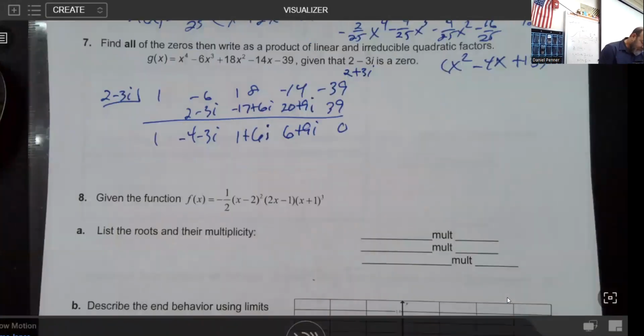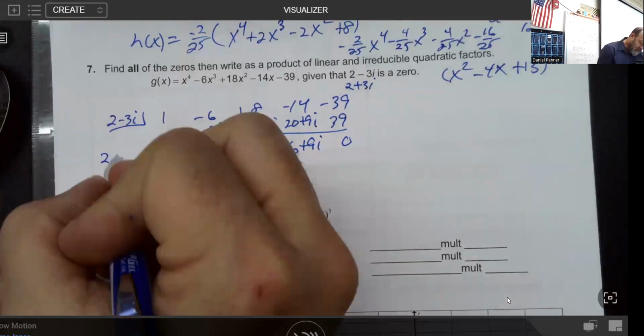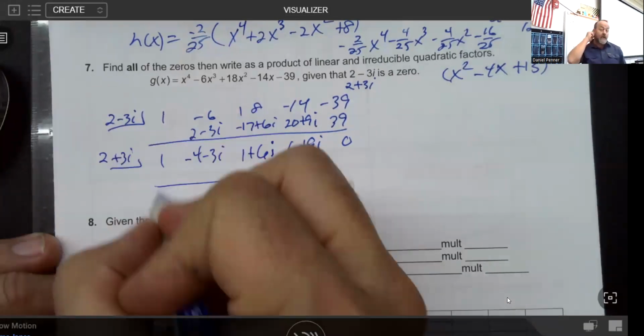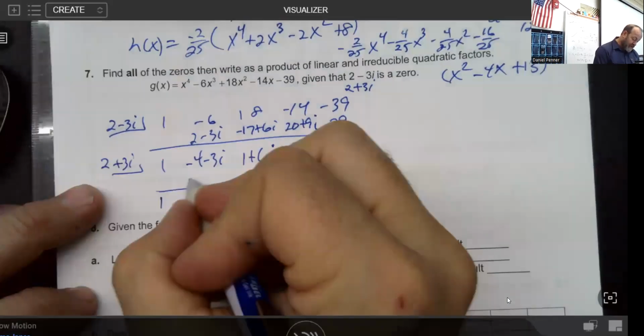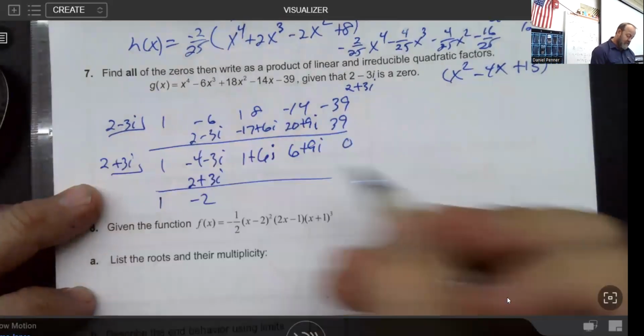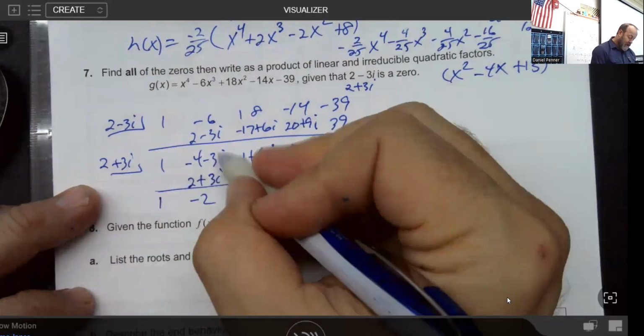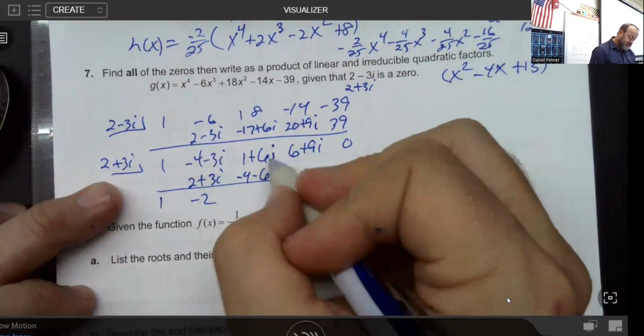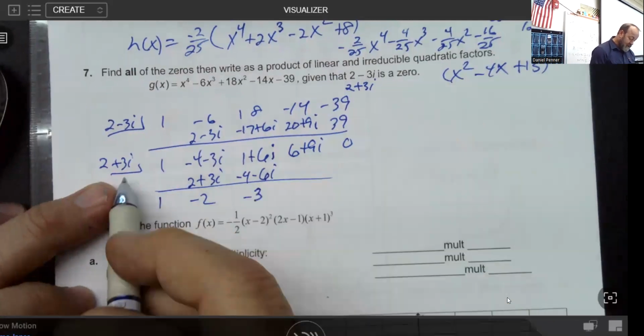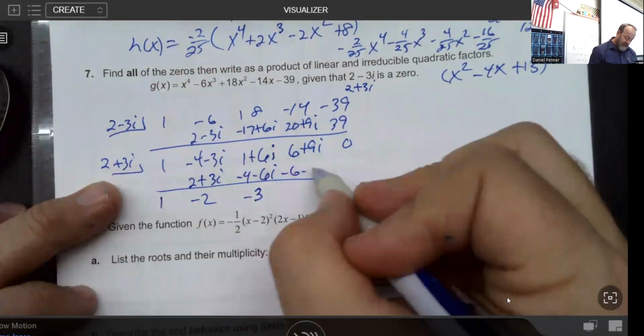And so if we do the conjugate root, the nice thing is I will not need a calculator anymore because that would give me 2 plus 3i. Notice the negative 2, but the i's cancel. I get negative 4 minus 6i. Again, the i's cancel. This times this would be negative 6 minus 9i, and everything cancels.